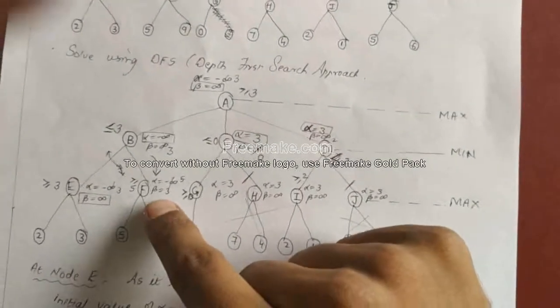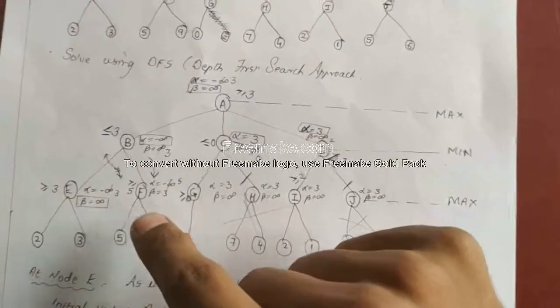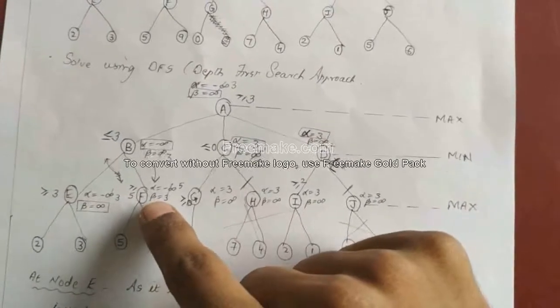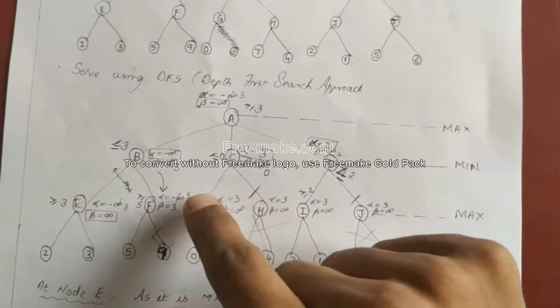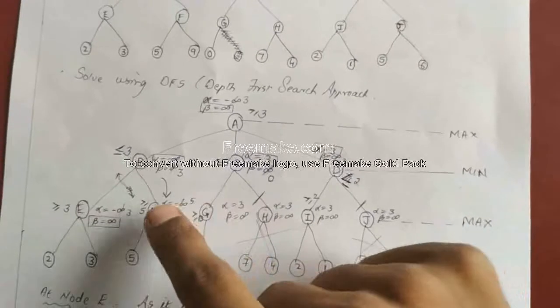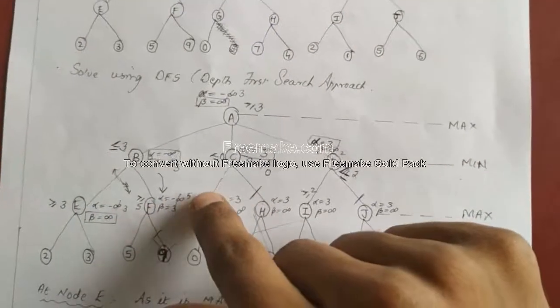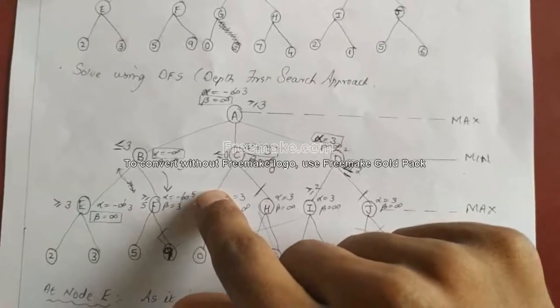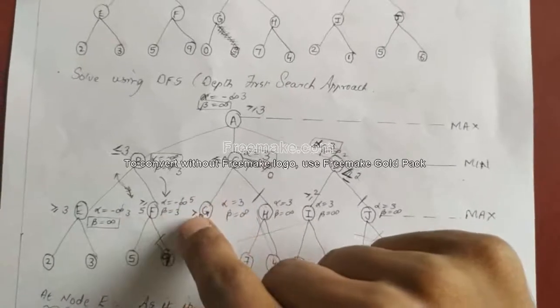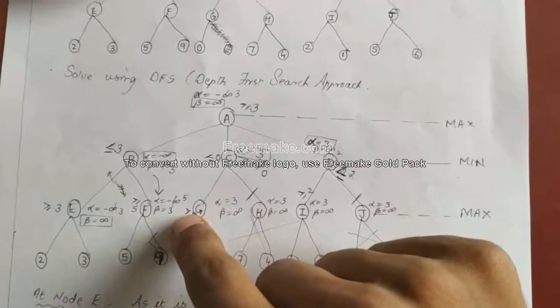One more important rule that we discussed earlier was to check whether alpha is greater than or equal to beta. According to this scenario, once alpha attains the value 5, it needs to be compared, and 5 is greater than 3.